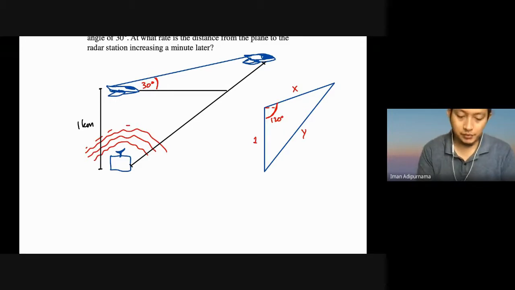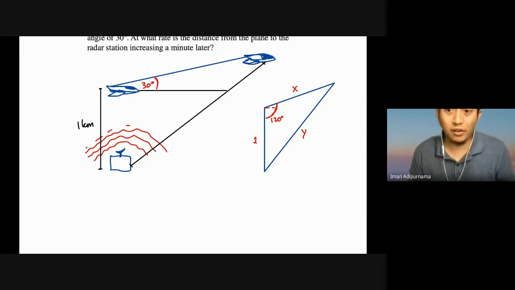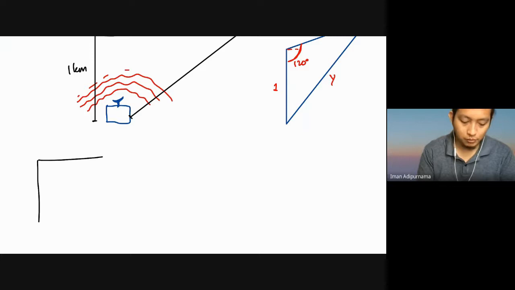Like I said before, if we have a triangle, we have sides and then we have angles. Maybe we have the law of cosine. I hope you still remember what the law of cosine is. Let me write it here in more general form.